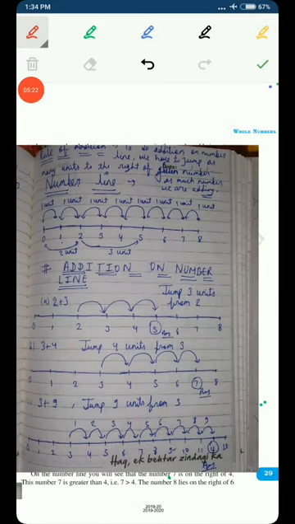Now let's take some more examples. Suppose we have to add 2 plus 3. We have to add 2 and 3. So we will start from 2, and because we have to add 3 to 2, we have to jump 3 times. So 1 time, 2 time, and 3 time.